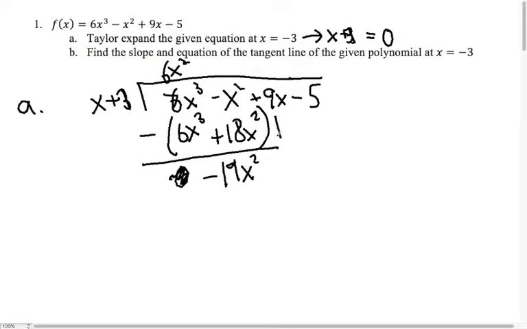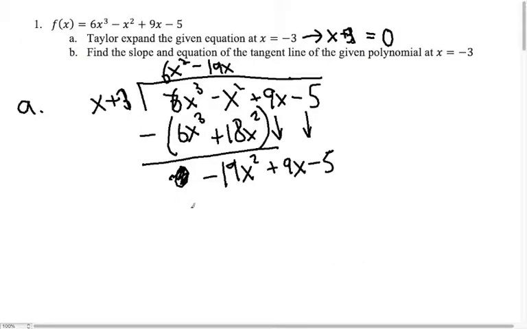After you do that, you bring down the rest of the values and continue doing what you just did. So this would be minus 19x squared plus 9x minus 5. And then you figure out how many times x goes into minus 19x squared, which is minus 19x times.